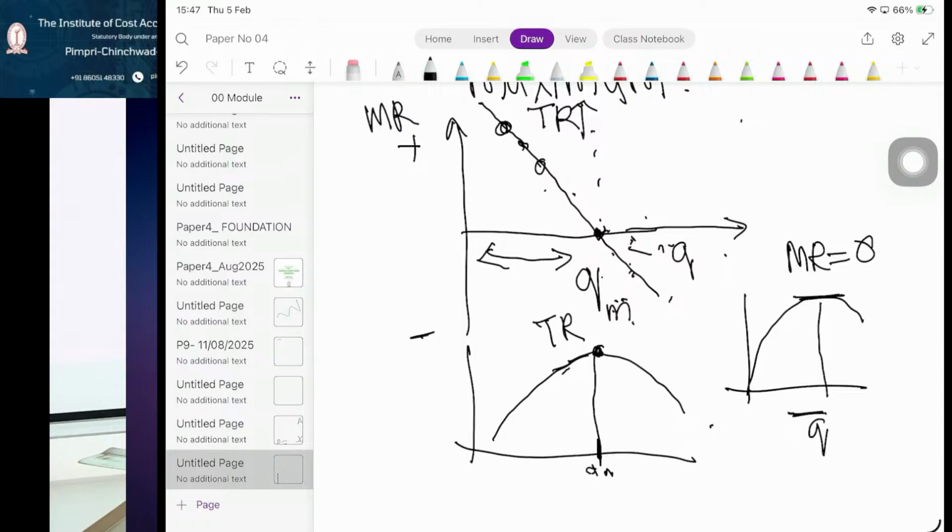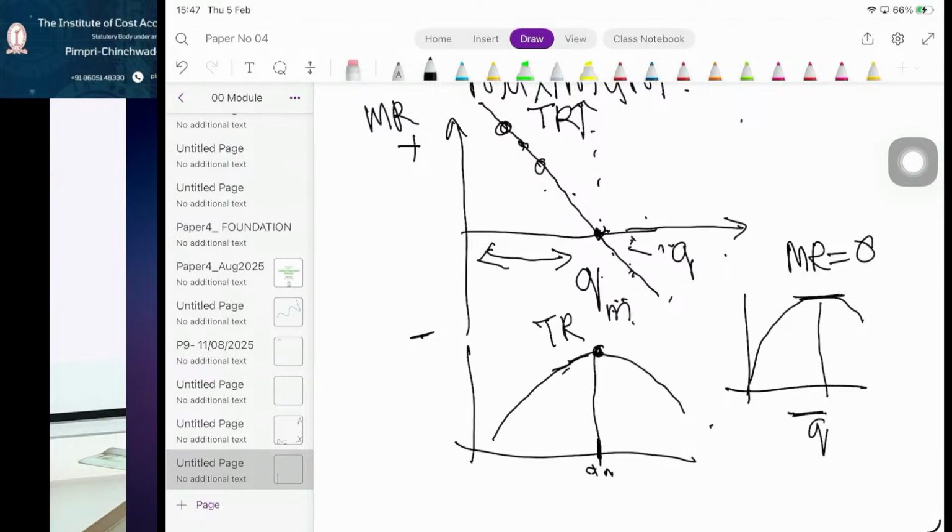Okay, when marginal revenue is equal to 0, the total revenue is at its maximum. The total revenue will be at its maximum. Okay, so therefore the TR curve becomes like this inverted U. The TR curve is an inverted U-shaped curve.